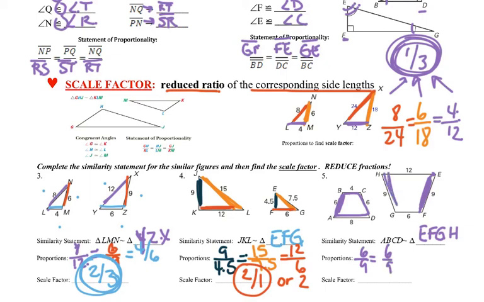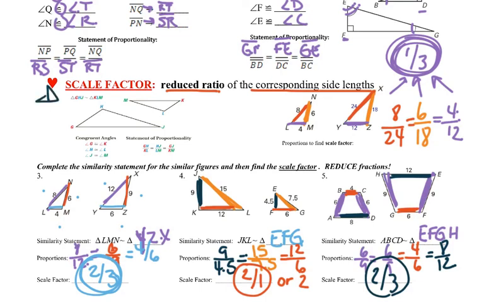Those match, the 6 and 9 and the 6 and 9. And then if we look at like the shorter segment here, the 4 is going to go with 6. And then the 8 is going to go with 12. And what do all those reduce to? 2 over 3. So they all reduce to 2/3, and that's the scale factor.